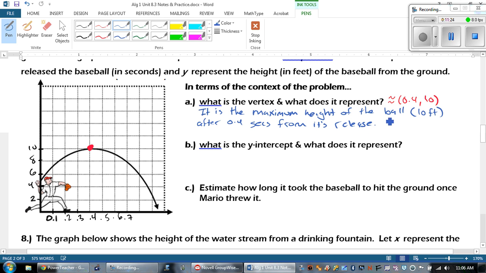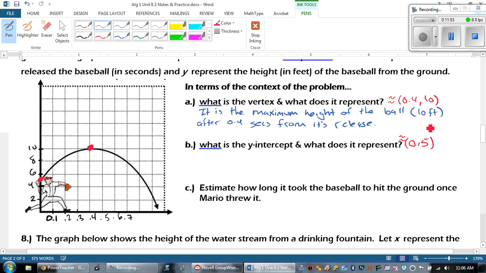Yes, we are making you write this. Deal with it. Okay. So what is the y-intercept and what does it represent? Okay. So the y-intercept, remember that's where it crosses the y-axis. And that's about 0.5 because it's in between the 4 and the 6, right in the middle there. Okay, so what's that represent?